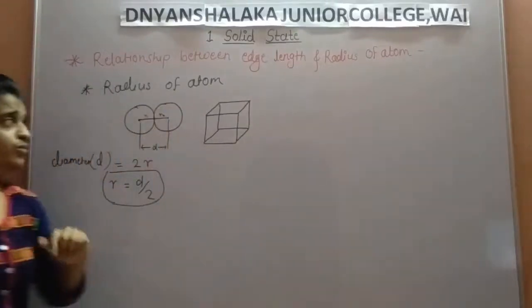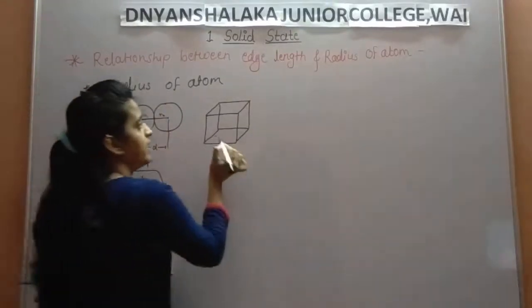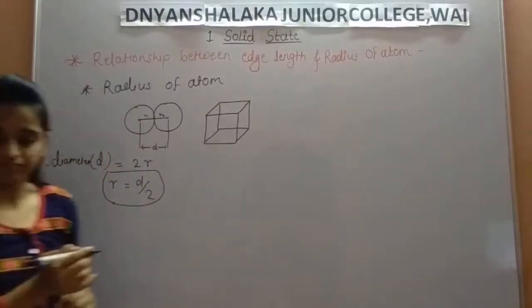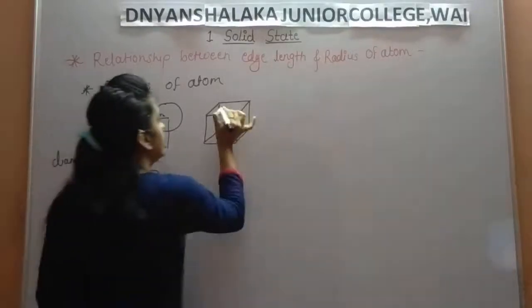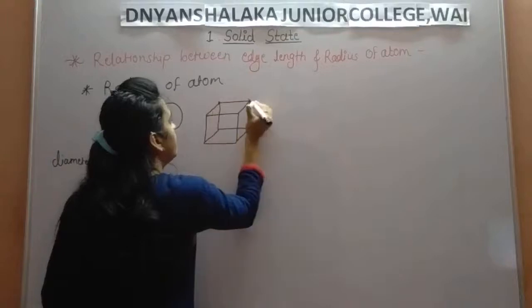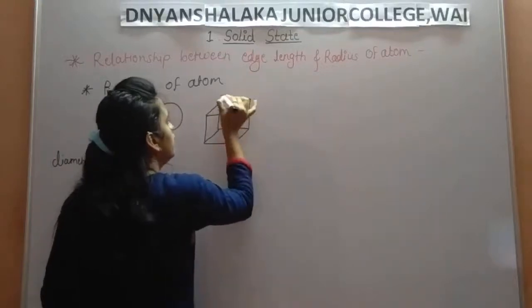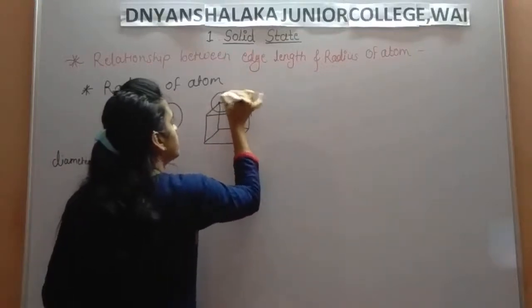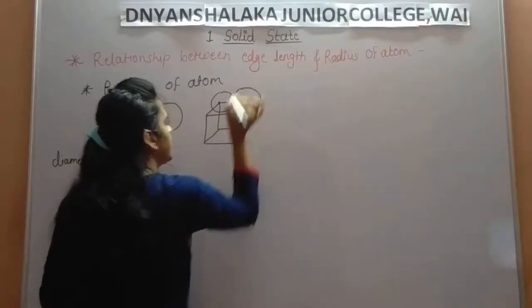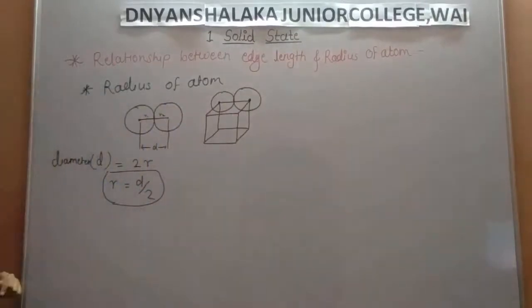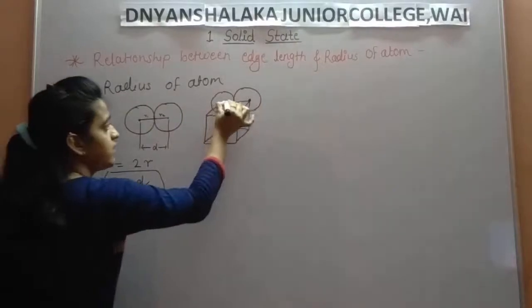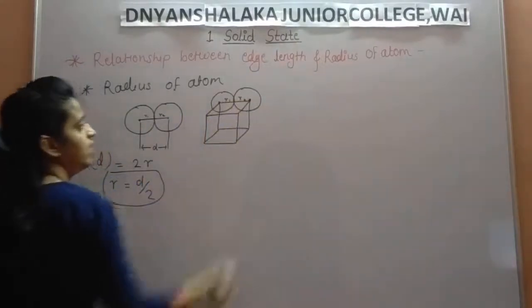So in this cube two spheres are arranged in this manner. This is one corner and this is another corner. This is the first sphere and this is the second sphere. This is first R1 and this is second R2.